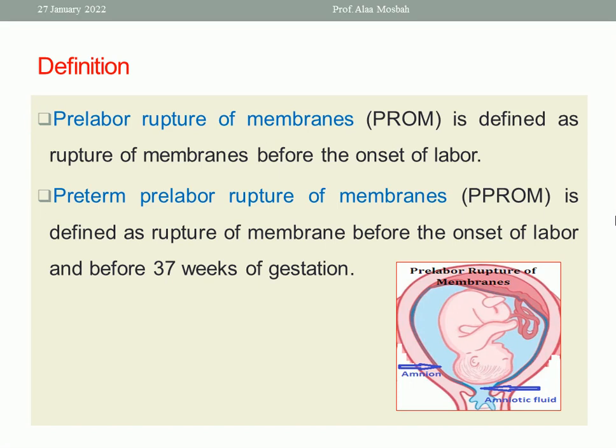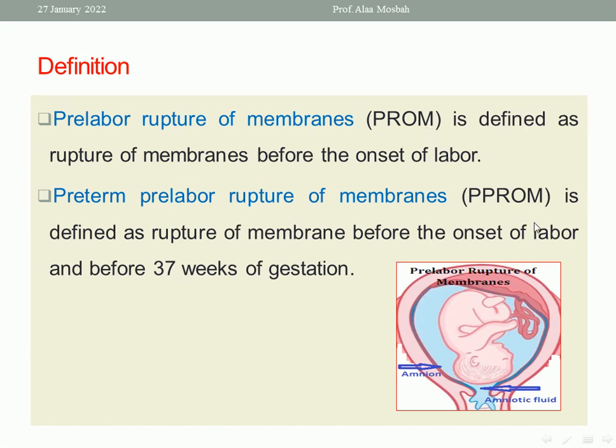Another important expression is called preterm prelabor rupture of membrane, PPROM, which is defined as rupture of membrane before the onset of labor and before 37 weeks of gestation. Okay, so when we say PROM, we mean that the membrane is ruptured before onset of labor.